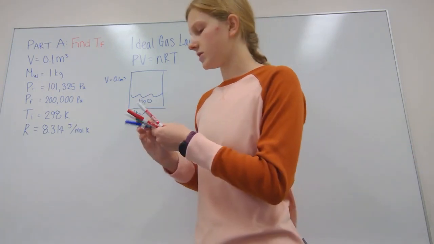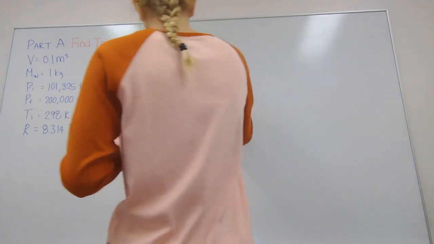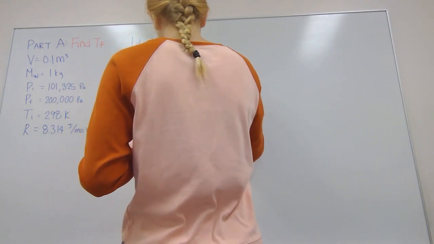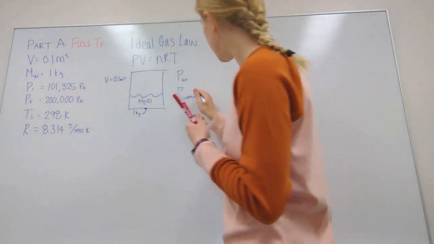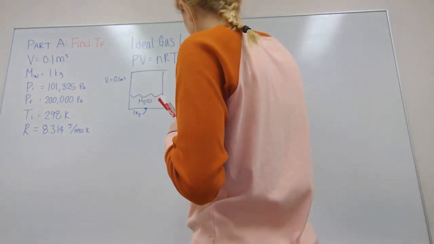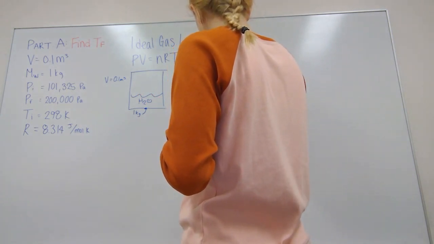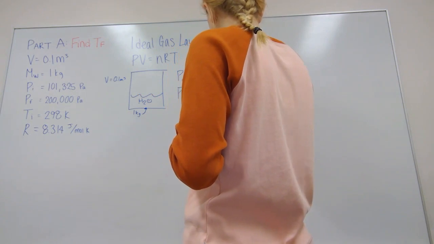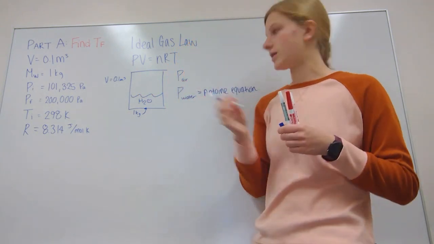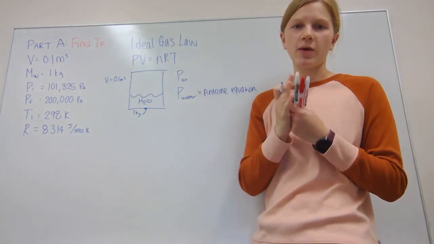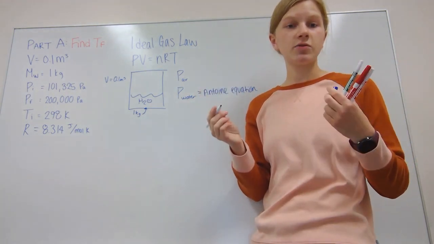So essentially, we can divide this up into the pressure of the air and the pressure of the water, using the Antoine equation. And we can get that pretty easily. And then the partial pressure of the air, we'll solve using the ideal gas law, and then we will add them together to get the total pressure.